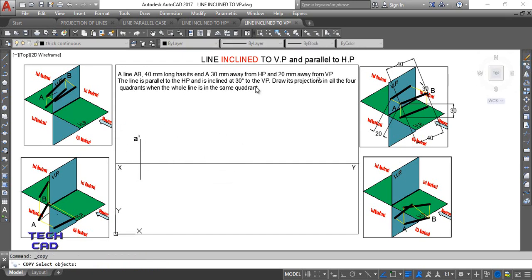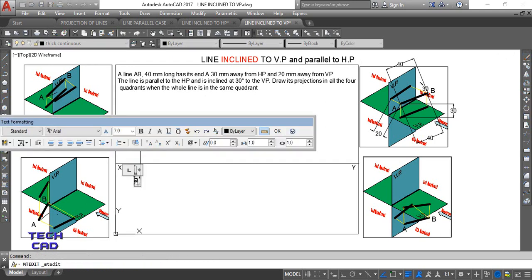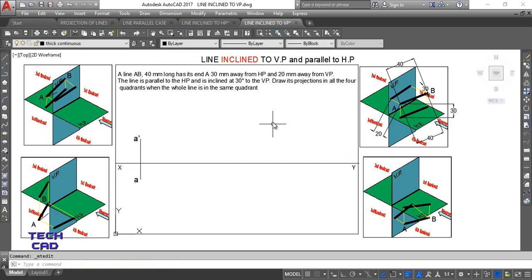Okay, now I make a copy and put it over here, and select this one, remove the dash because it is the top view of end A. Okay, so now I'm going to make my line AB. So you can understand here how far the point B or end B of line AB is from HP and VP is not given.